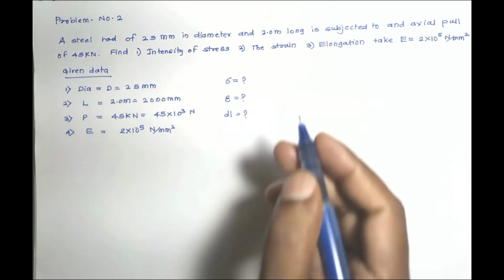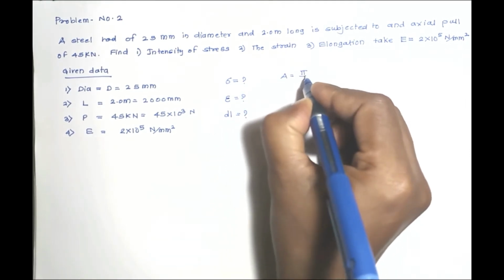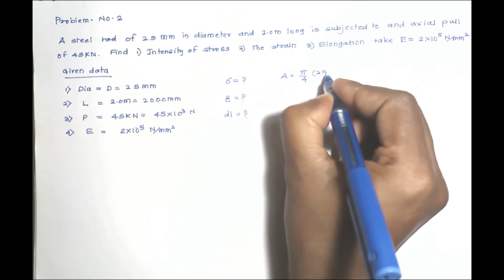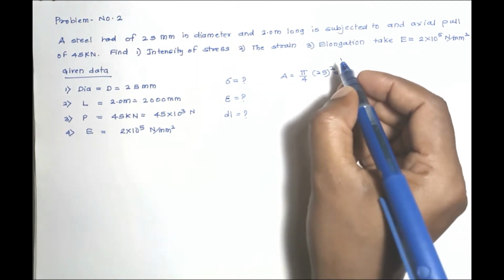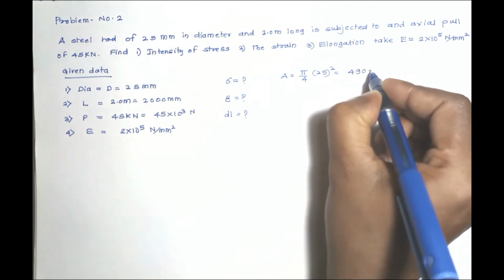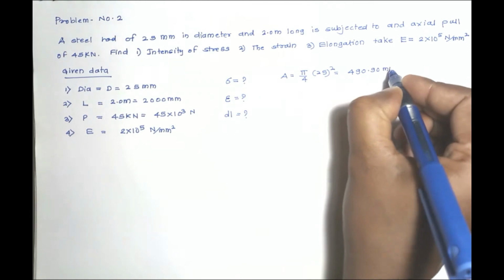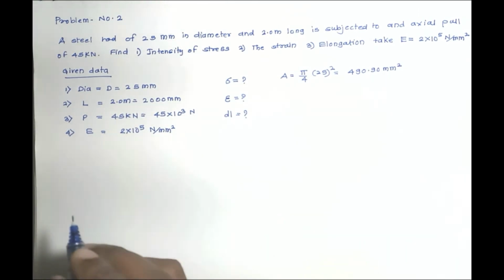Now first we will calculate the area. So area is equal to pi by 4 into 25 square. The area that we get from this is 490.9 millimeter square. And now we will try to calculate the values of other parameters.